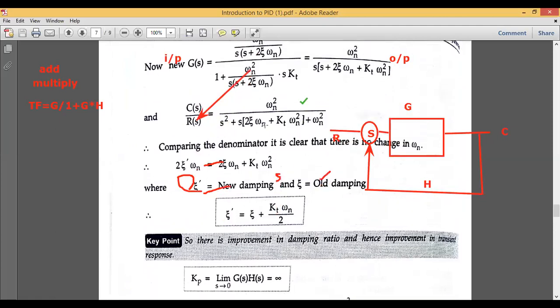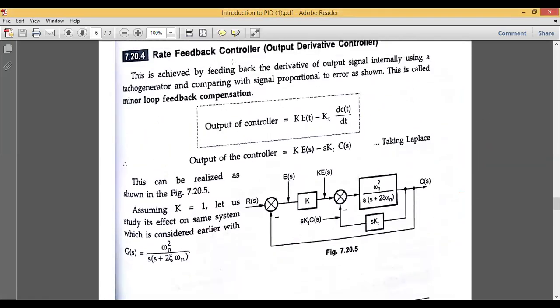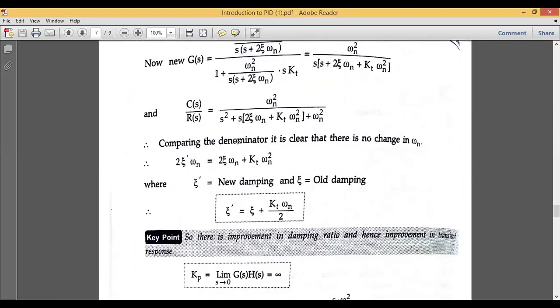Just try to look at this particular formula, based on the derivation of your rate feedback controller or output derivative controller. In yesterday's video lecture we derived the denominator value. What is the denominator value?